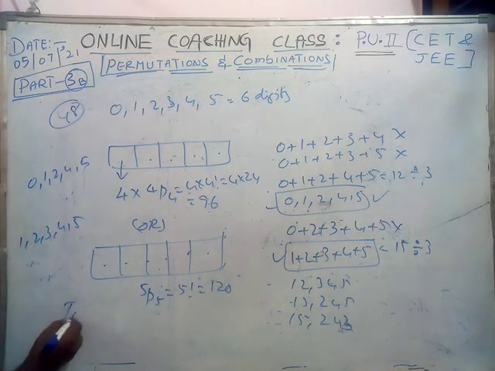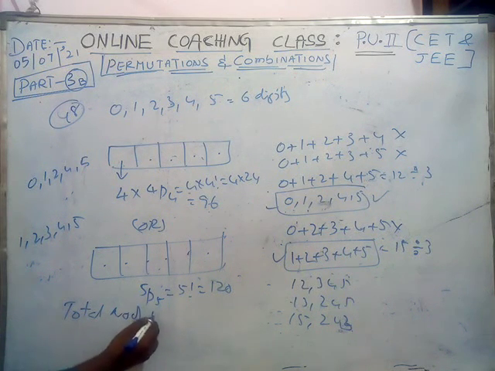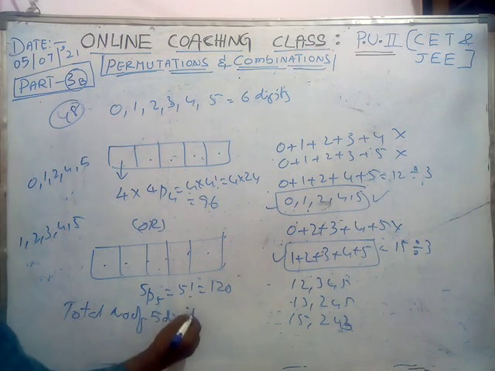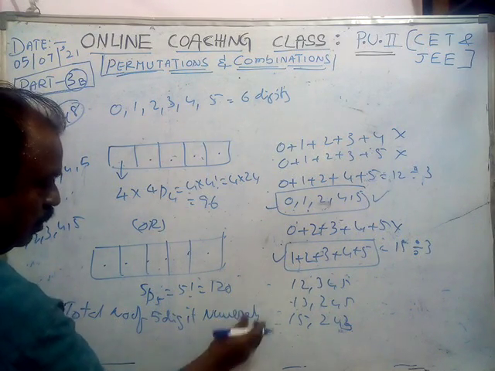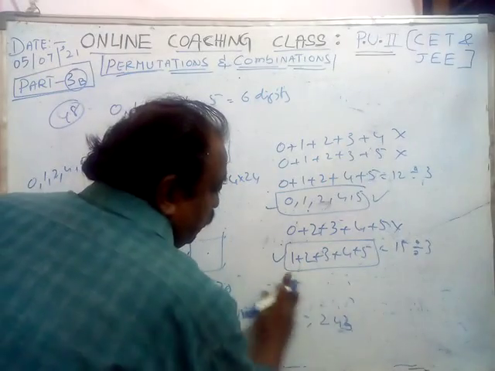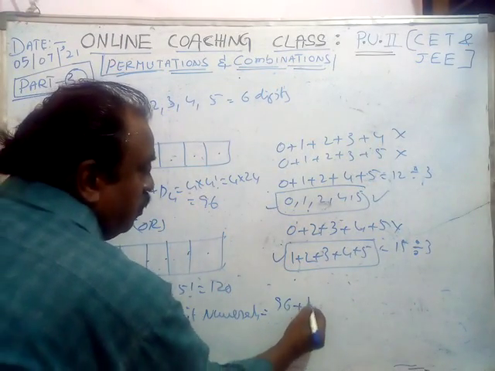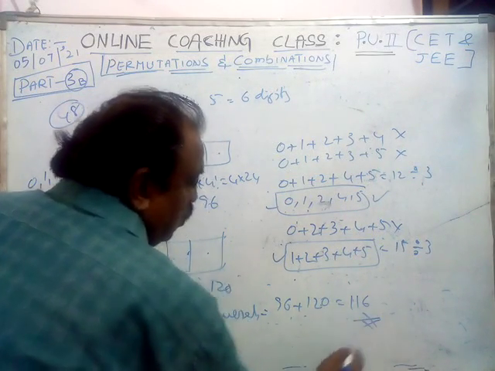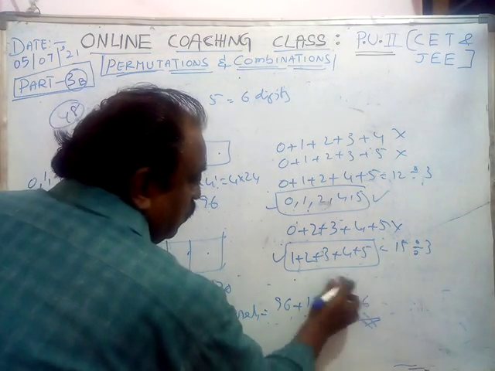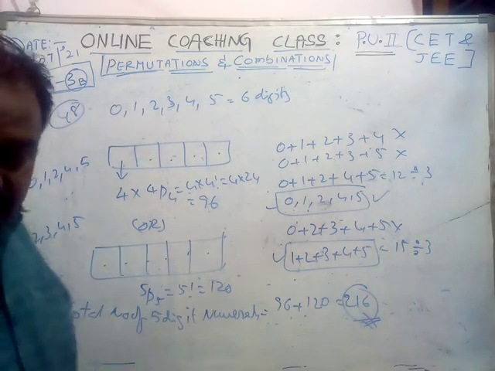So the total number of 5-digit numerals is equal to 96 plus 120, which is 216. This is the required answer.